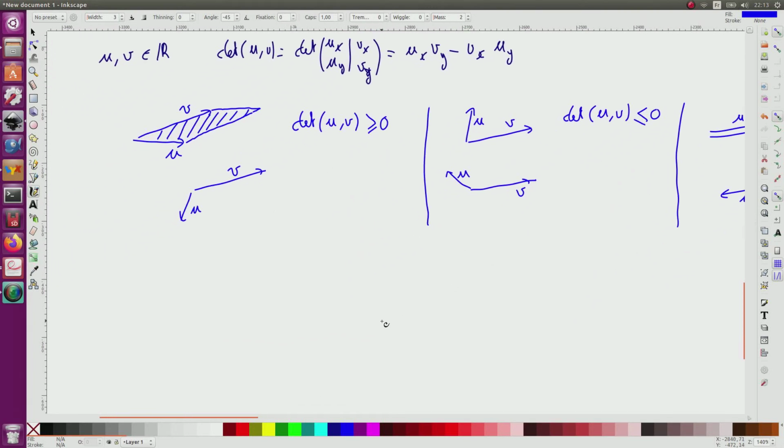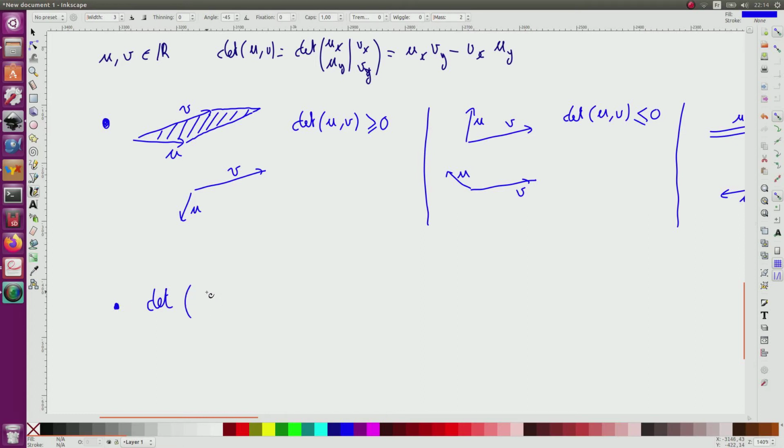Now we have also another property that is important, which is that the determinant is multilinear. So what does it mean? The first point was the sign of the determinant. The second point is the multilinearity.